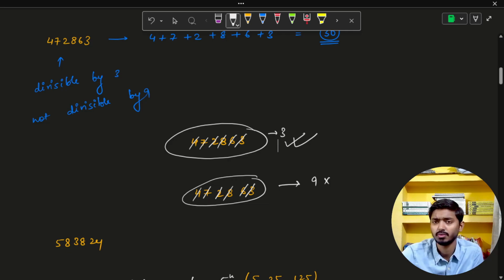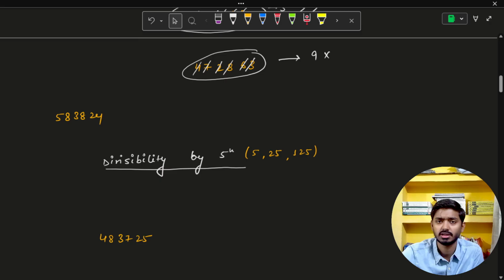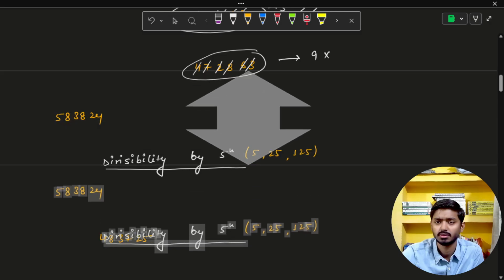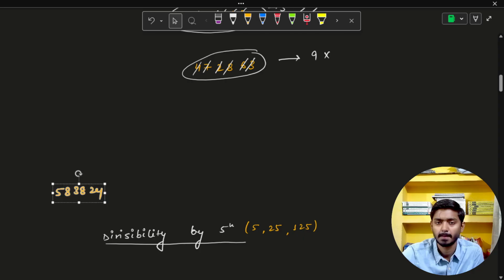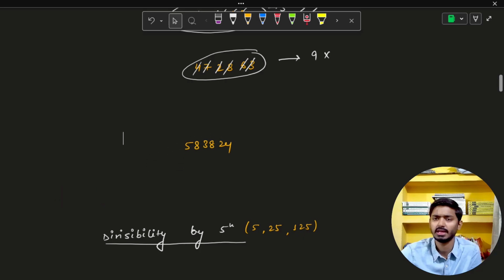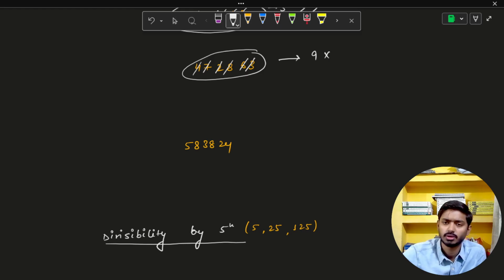Let us solve one more so as to get a clear grasp. Let us directly divide it by 9. If we take 4, 3 and 2, we get 9, which gets cancelled. 8 plus 8 is 16, 16 plus 5 is 21.